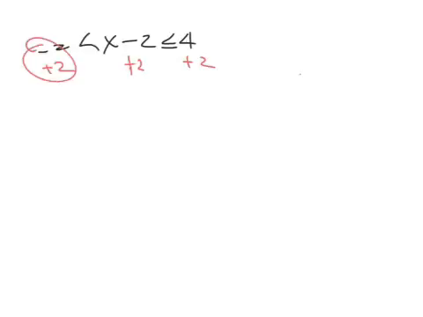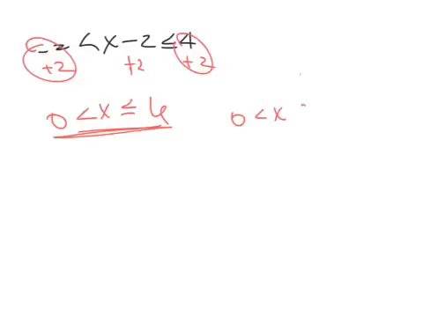So this gives me 0, and this gives me 6. Okay? So now I've got one inequality that could be split up into 0 is less than x, and that's an "and" sign, x is less than or equal to 6. So let's see what we've got here.